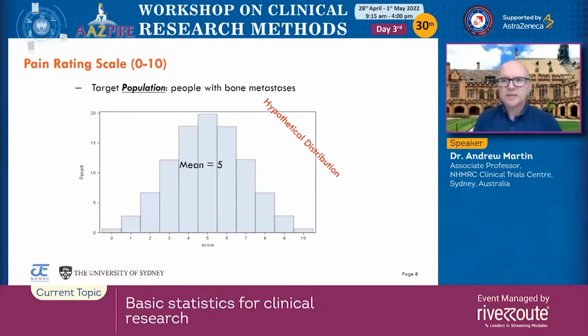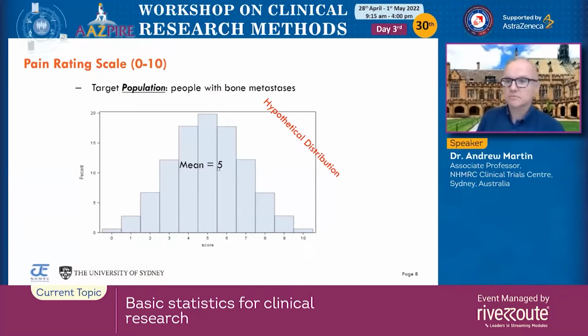And obviously we can never actually do this for real. We can't measure pain intensity amongst an entire target population. But so these are hypothetical data. And having characterized this distribution, we can also pluck out or further summarize the information here using statistics like the mean.